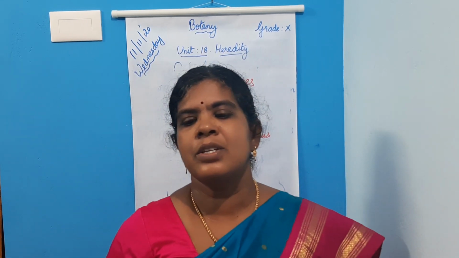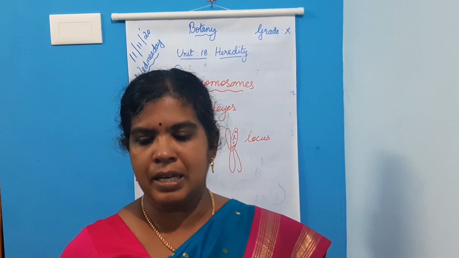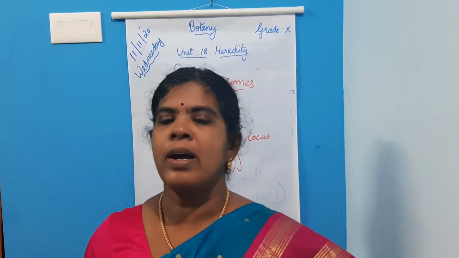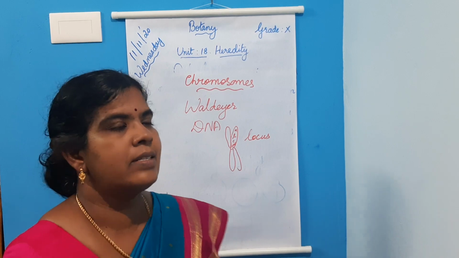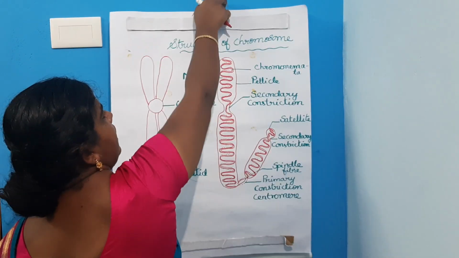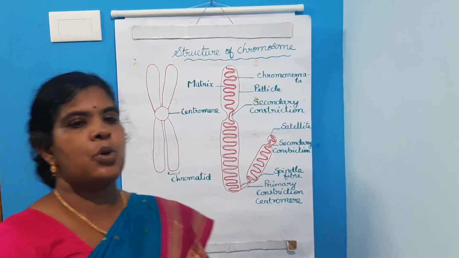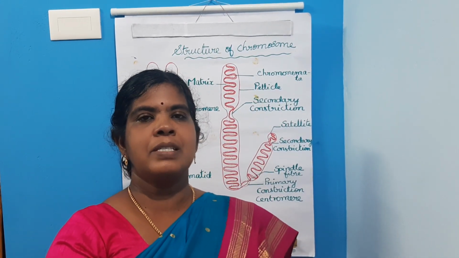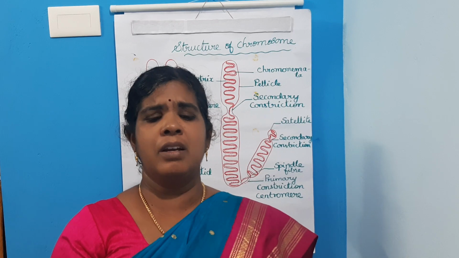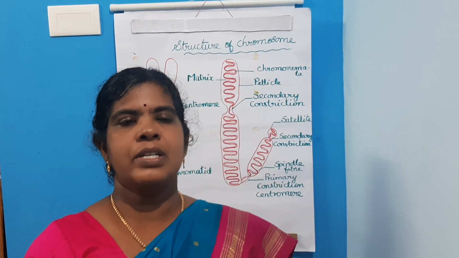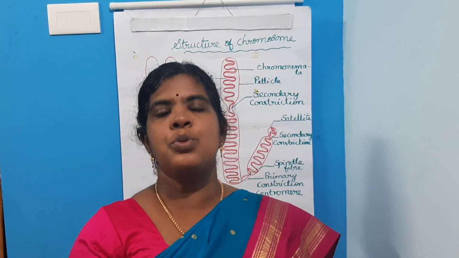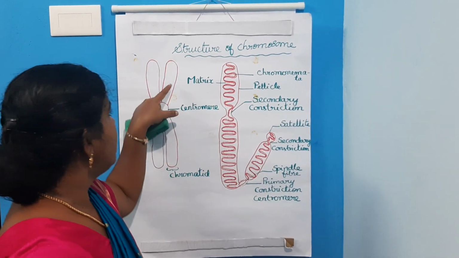Now, the structure of the chromosome. Chromosomes are thin, long, thread-like structures consisting of two identical structures called chromatids.